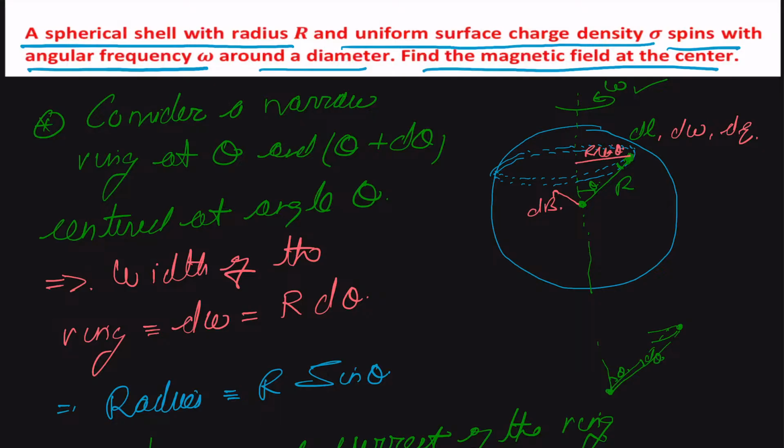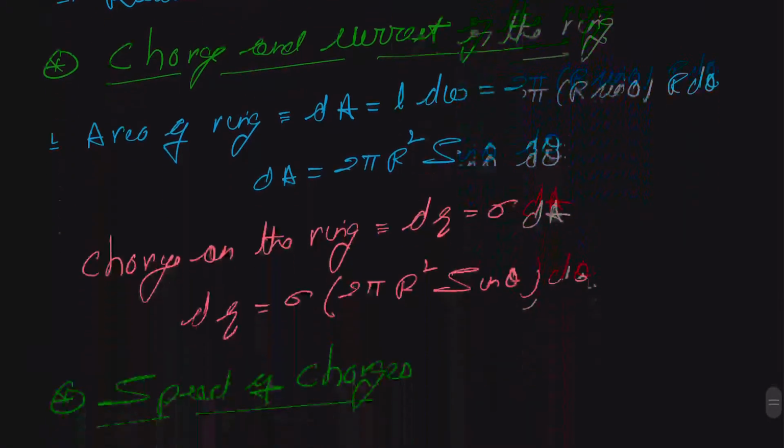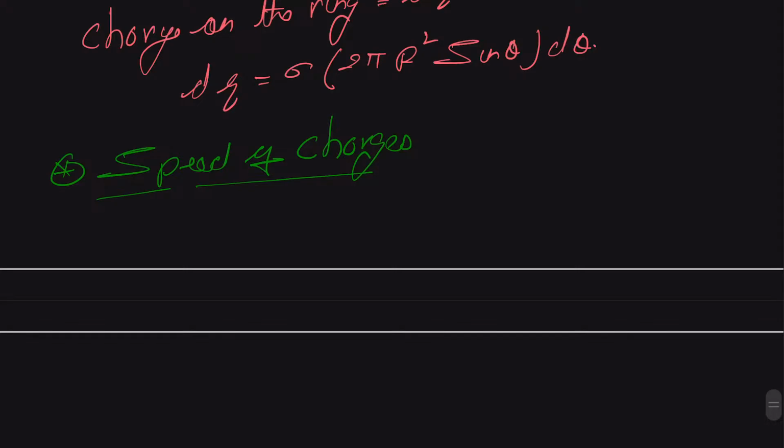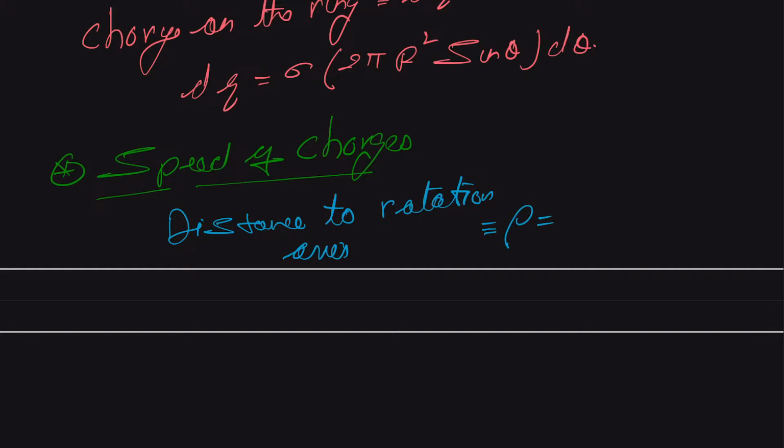Therefore we can say that the distance to the rotation axis, let us call this r naught, is nothing but r sine of theta.